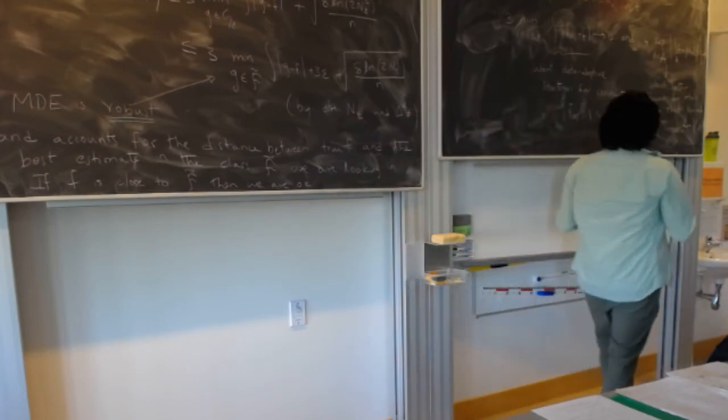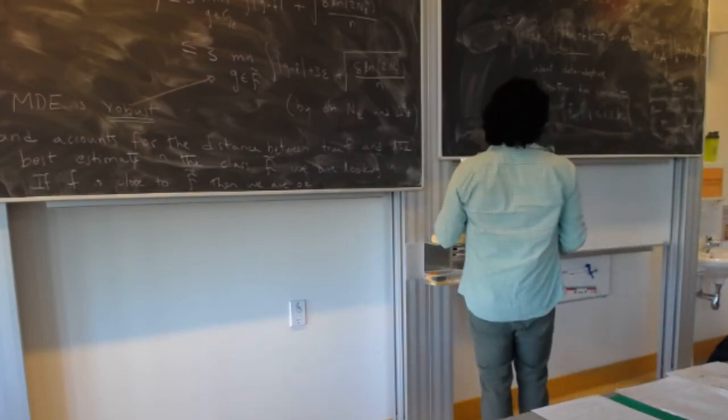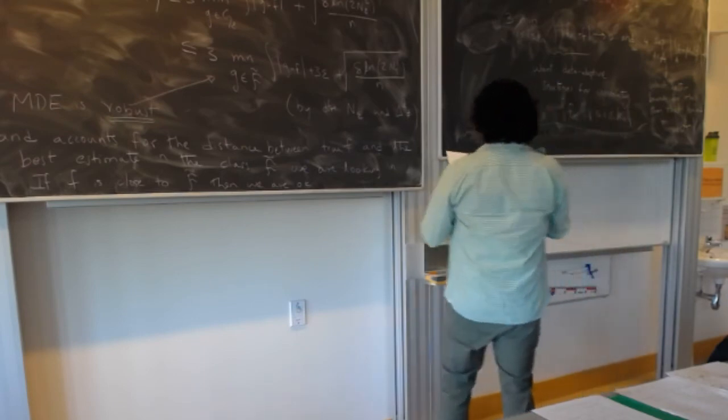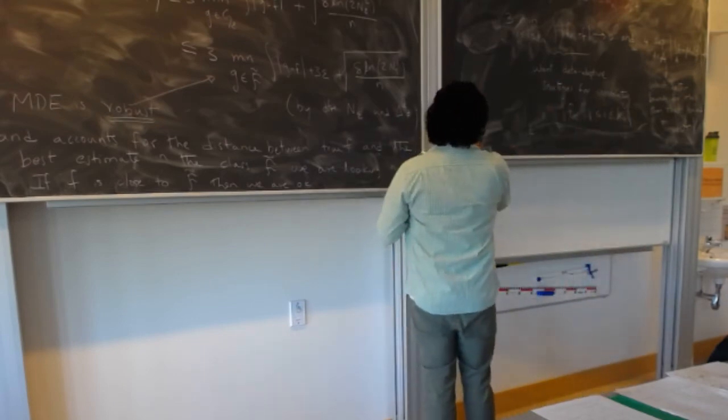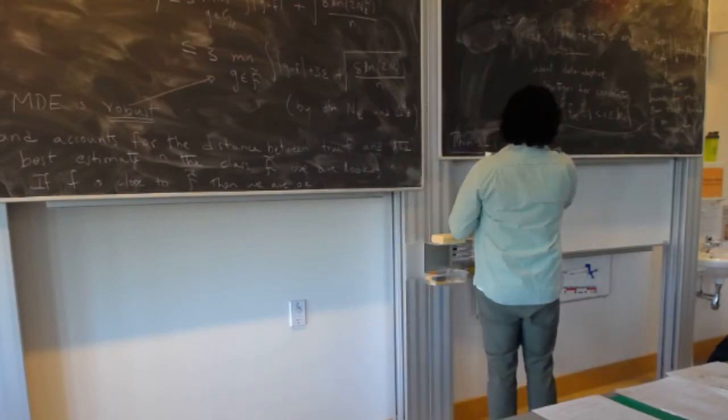So this basically is the main focus here for theorem 11. So this is the Vapnik-Chervonenkis.